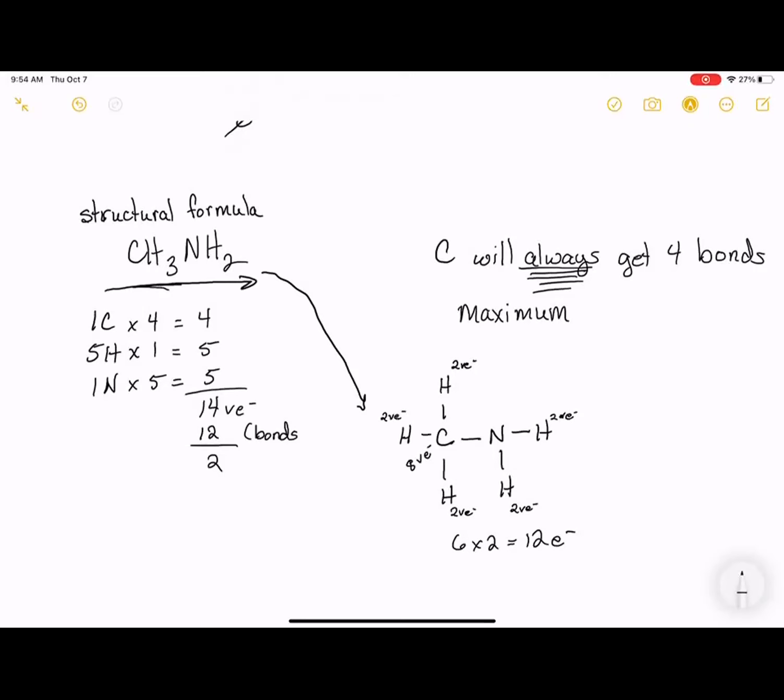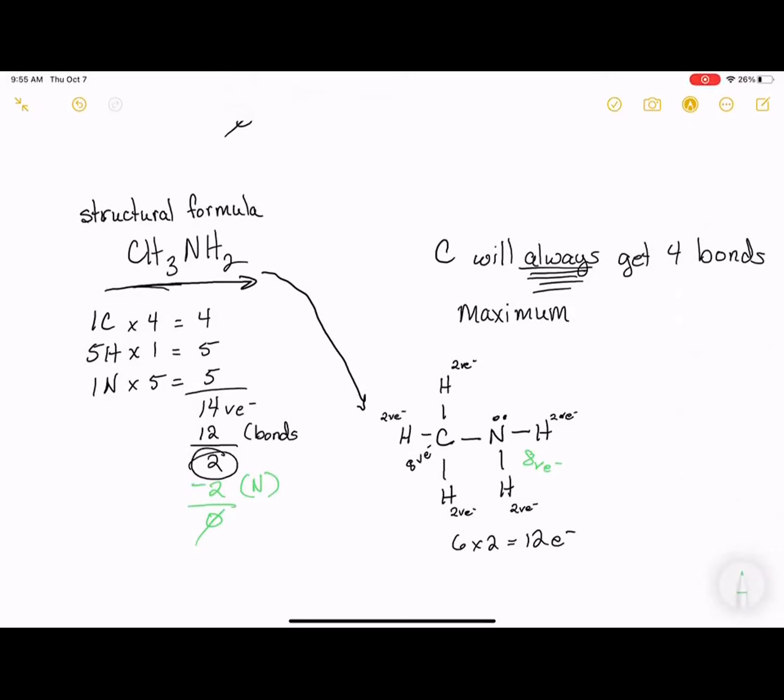So that must mean I need something for nitrogen, because right now nitrogen only has 6 valence electrons. So those other 2 electrons are going to go on our nitrogen so that we wind up with 8 valence electrons on the nitrogen. And we hit 0. And because I had to count as I went, all of our elements have an octet.